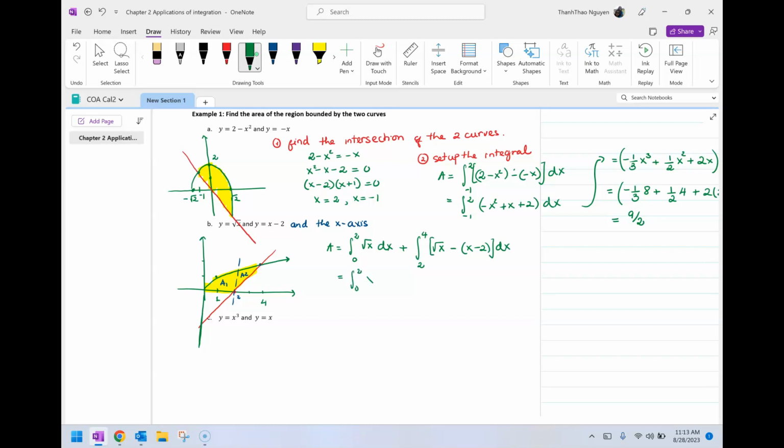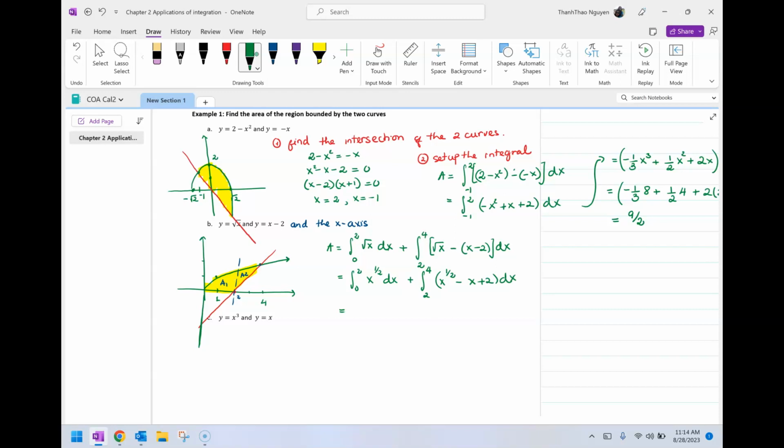So 0 to 2 of x to the 1/2 dx, plus 2 to 4 of square root of x, or x to the 1/2, minus x plus 2 dx. We'll calculate this integral and evaluate.